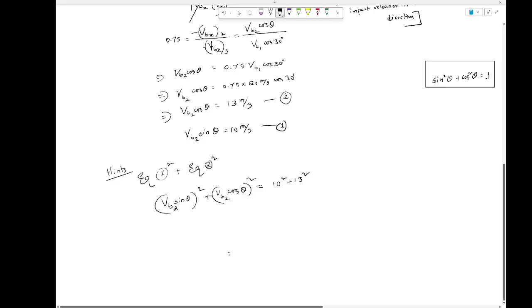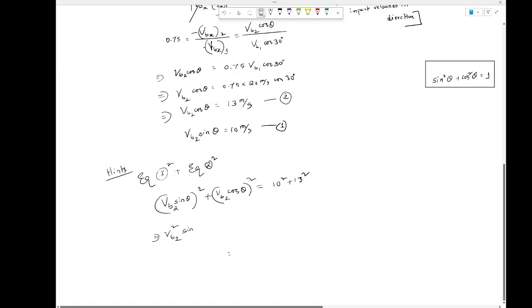Once you did that, then obviously this is V2 squared sine squared theta. I don't know if you remember that sine squared theta needs to be written with the square on the sine, meaning the superscript on the sine. You guys remember that?